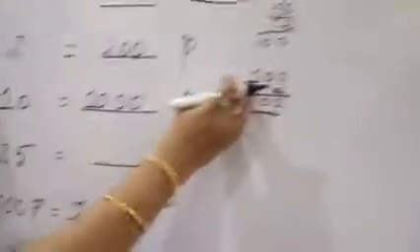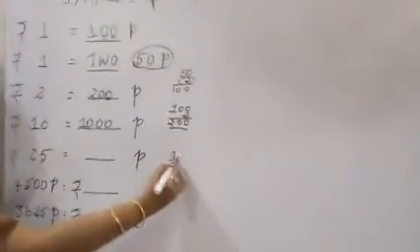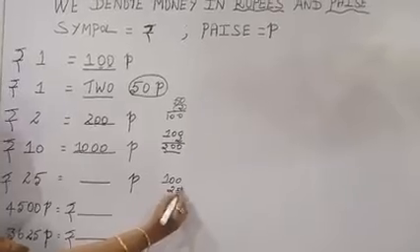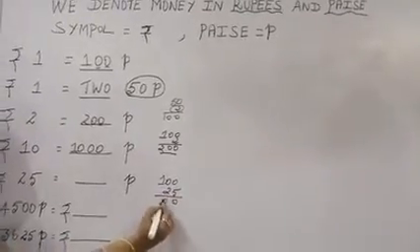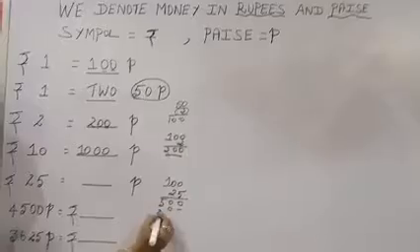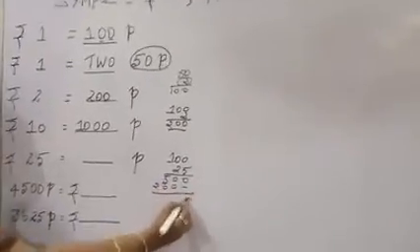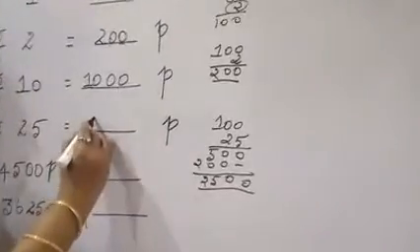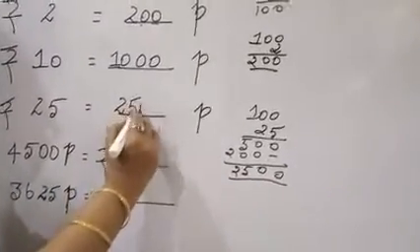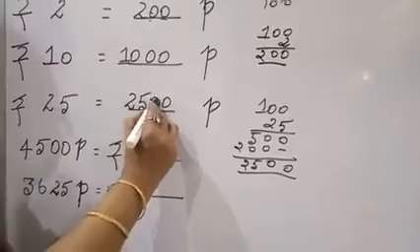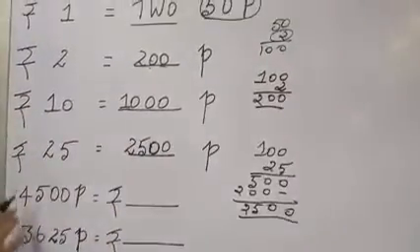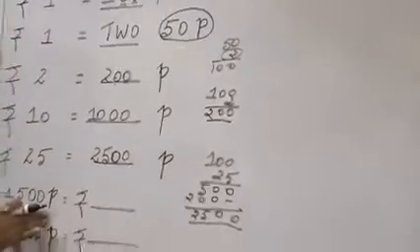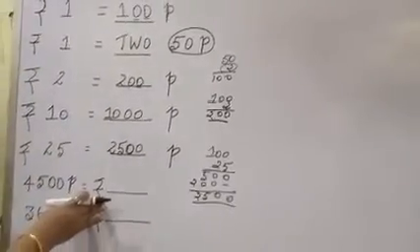So 100 multiplied by 25. How much do you get? 2500. 2500 paise.